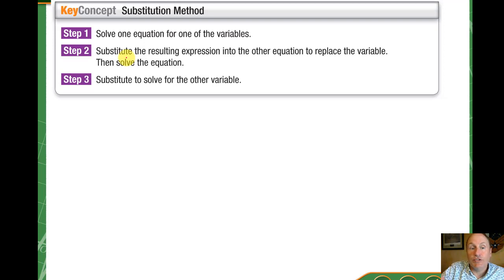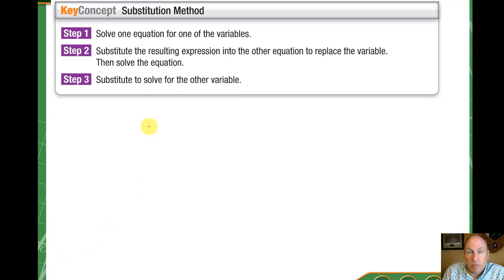Having done that, we will solve the other equation. Once we've solved that, we actually have one of the two coordinates in our solution. We have to go back to the other equation and solve for the other variable once we've done that with the first equation. And that gives us a point, which is the intersection of this system.